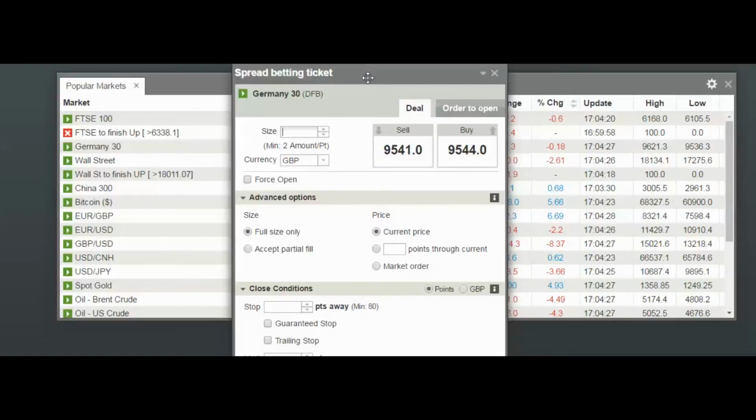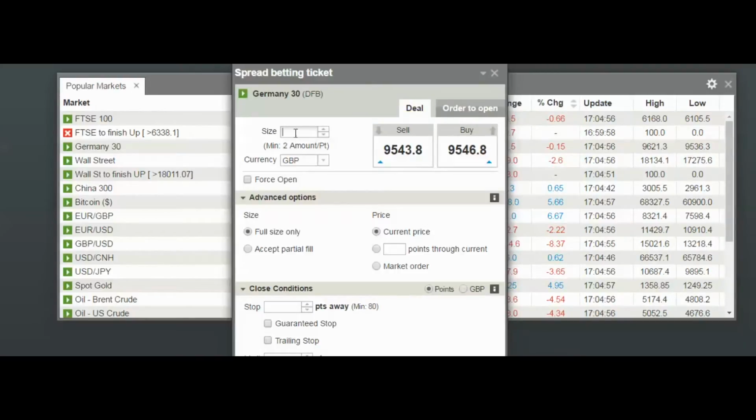So if you'd been trading at £10 a point and you got it wrong, you could be £10,000 out of pocket very quickly. So this is important. If you're trading the German DAX, there is a minimum amount per point, but you could trade less than £2 per point, and I'll do another video on how you can reduce that to £1 or 50 pence per point with IG.